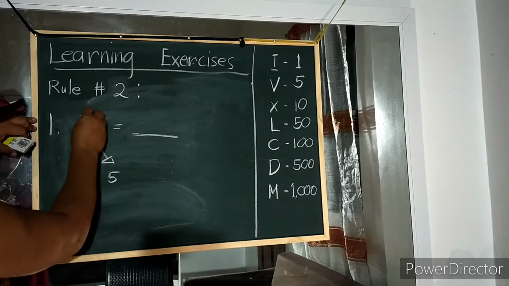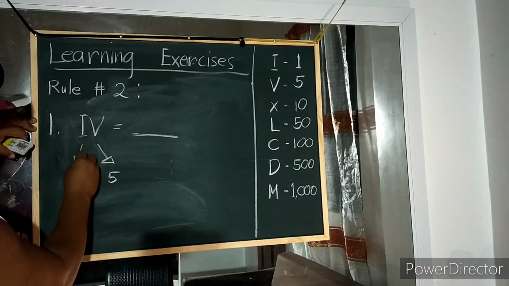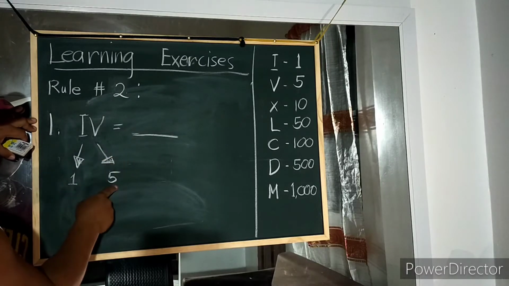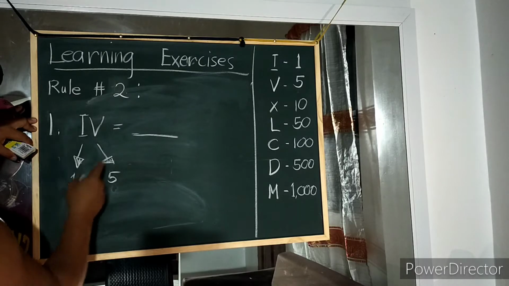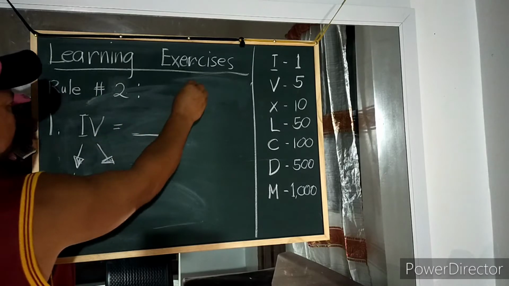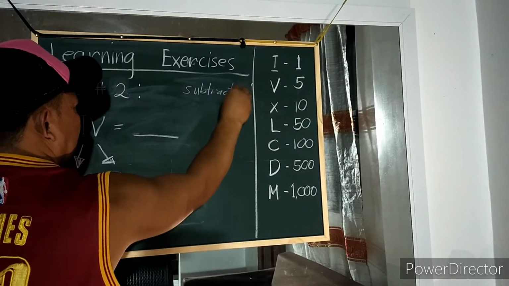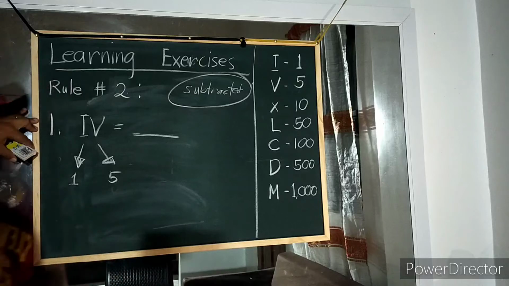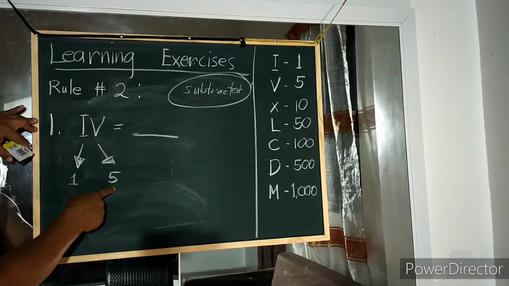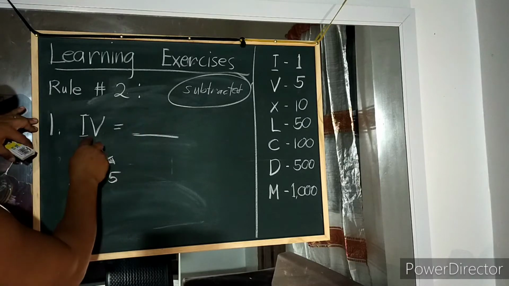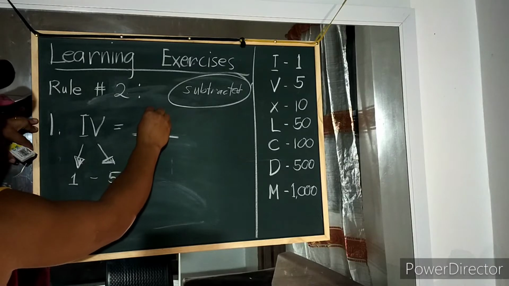So here in this example, I has a lower value compared to V. If a lower value comes before a higher value, it is subtracted. Again, if a lower value comes before a higher value, subtract. So IV, 5 minus 1 is 4.